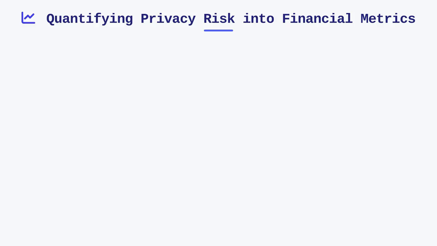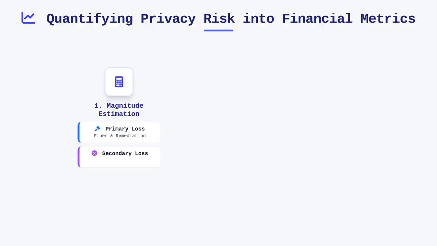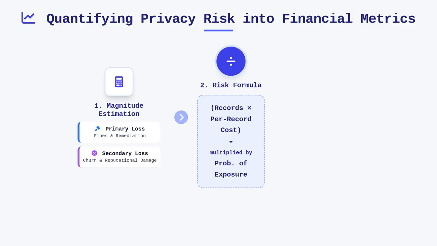The next phase involves translating these statistical probabilities into financial metrics that stakeholders can appreciate. We estimate magnitude by calculating both the primary loss, such as regulatory fines or remediation costs, and secondary losses, like reputational damage or churn. If an incident affects a record set of 100,000 users, you multiply the per-record cost by the probability of exposure to derive an expected loss value.